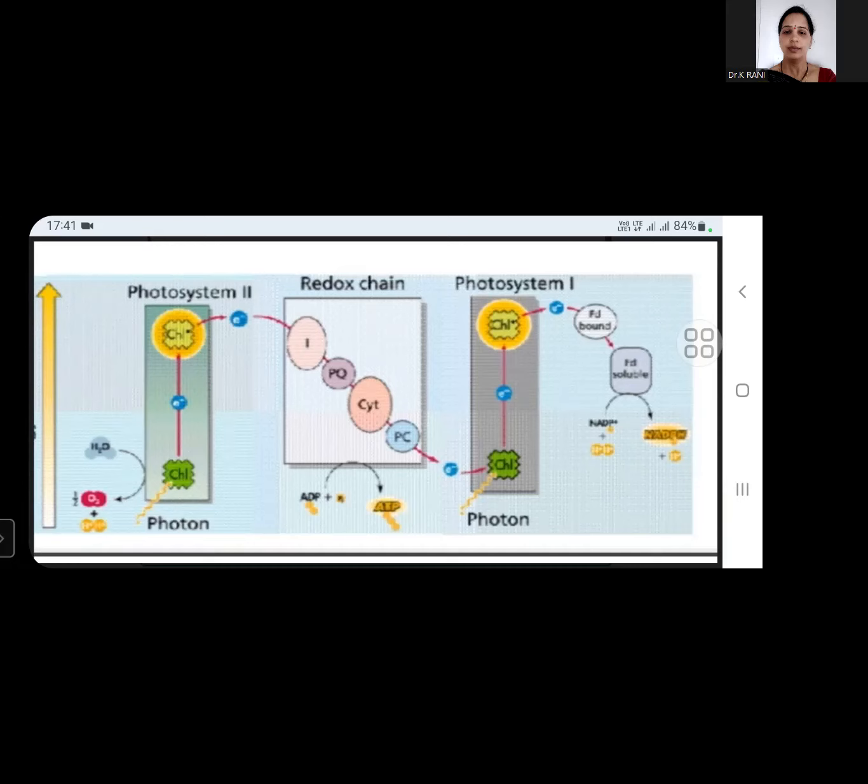Which enzyme catalyzes this? The FAD containing ferredoxin NADP reductase enzyme is essential for NADPH formation. This enzyme is involved in matching the 1 electron chemistry of ferredoxin to the 2 electron chemistry of NADP.